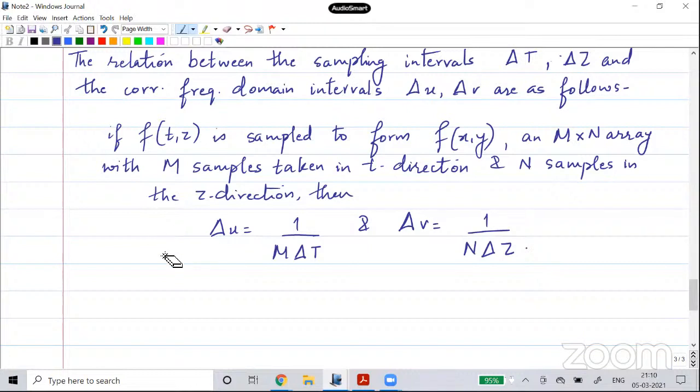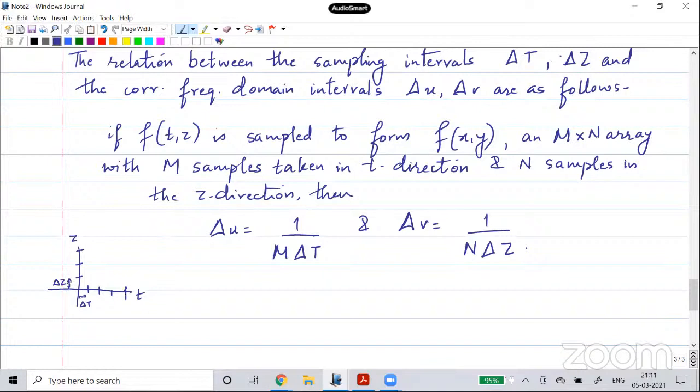The point to note here is that these separations are inversely proportional not only to delta t and delta z respectively, but also to m and n. So the separations between the samples in the frequency domain are inversely proportional to both the spacing between the spatial samples and the number of samples. If you want to see the picture, we are sampling in the t direction at intervals delta t, sampling in the z direction at intervals delta z.